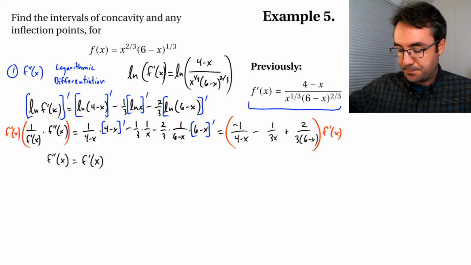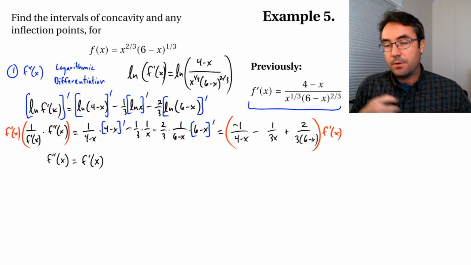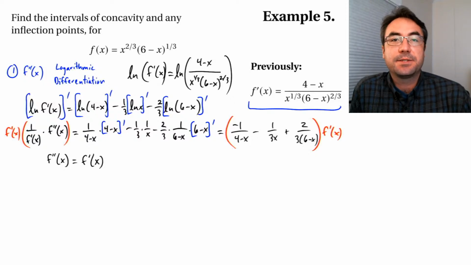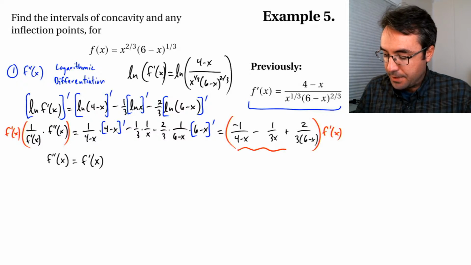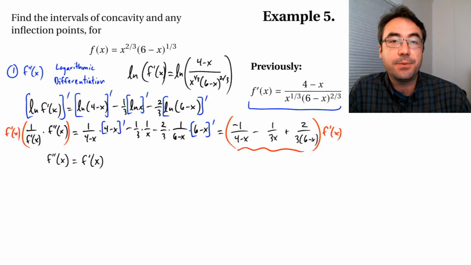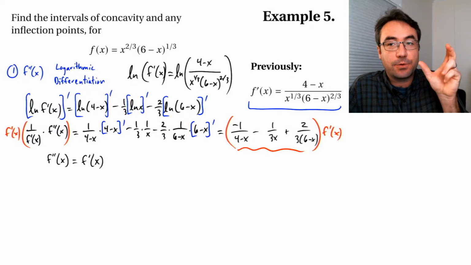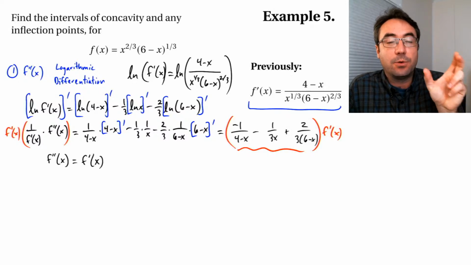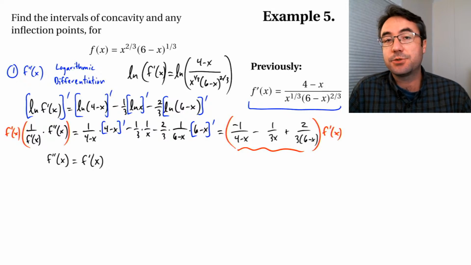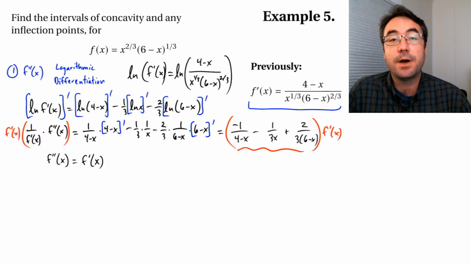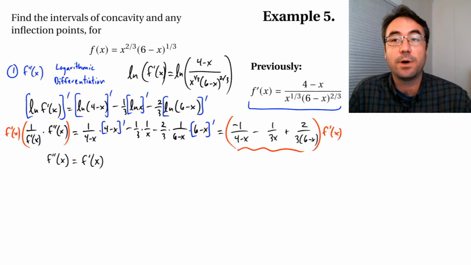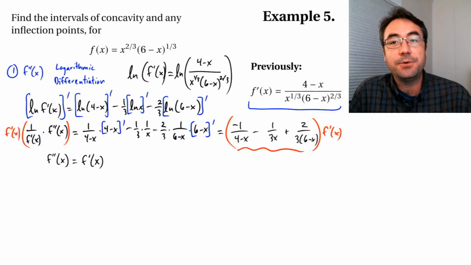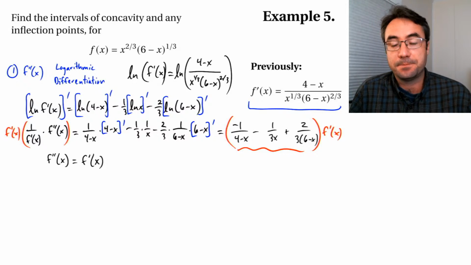And we're going to work with that term inside the parentheses here, because when we have all these different fractions, we want to get a common denominator. We want to try to consolidate that into one fraction, because we're going to be trying to figure out where f double prime is equal to 0. So we want to get those all into one fraction. And so the way to do that is with a common denominator.